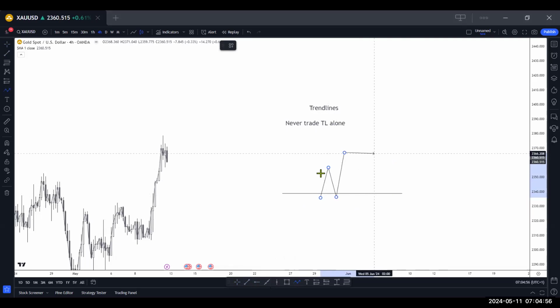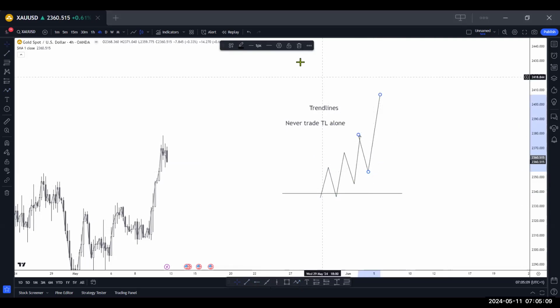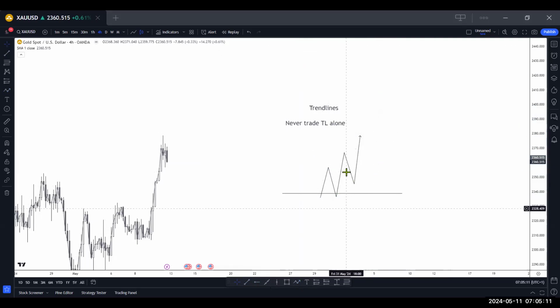It is after we have these things that we now start to look for trend lines. Why do we want to look for trend lines? We're looking for trend lines in order to be able to enter continuation. So when price comes back, we want to be able to enter. Okay. So that's the basic reason why we look for trend lines.